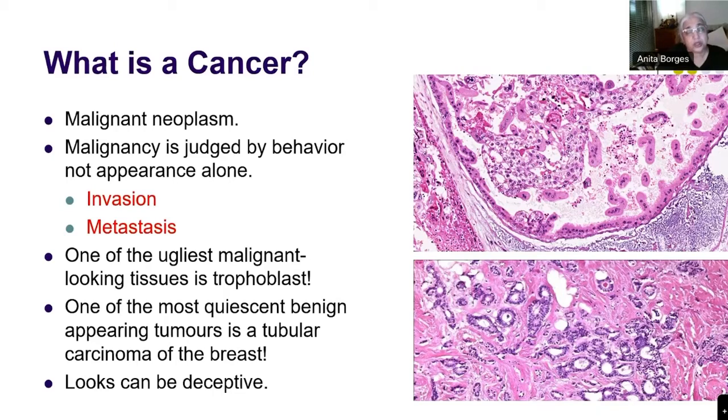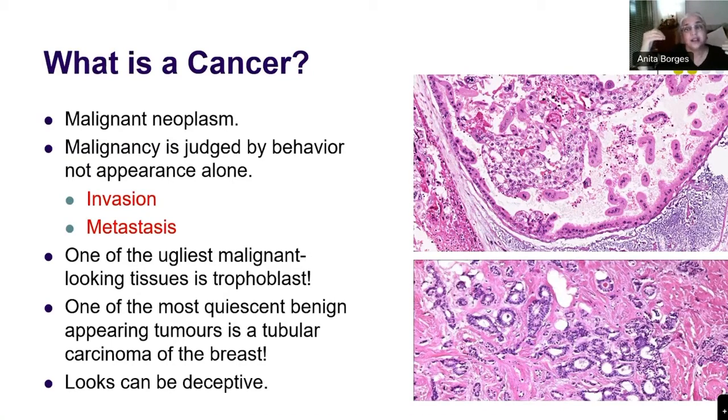I know that this is a malignant tumor because it has either demonstrated invasion or metastasis. And even in those cases, okay, a mole is invasive and it is not malignant. It might even metastasize to the lung. You know that there are hydatidiform moles that go to the lung, but they are not malignant, okay?